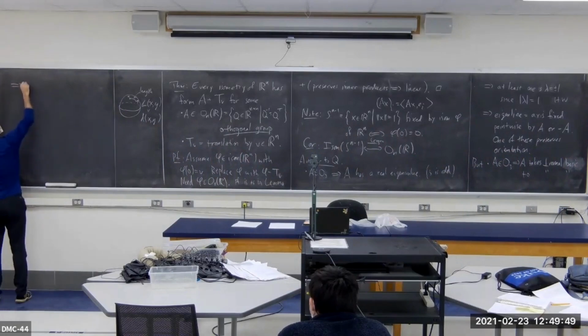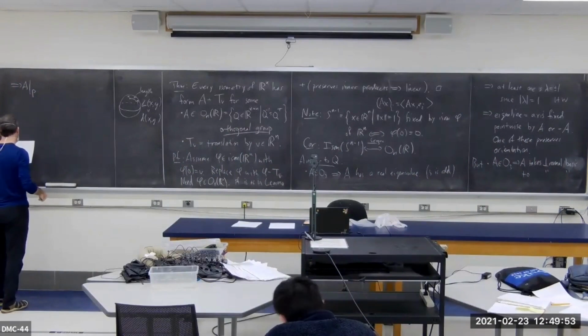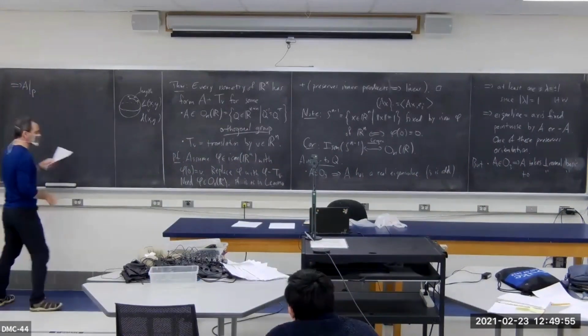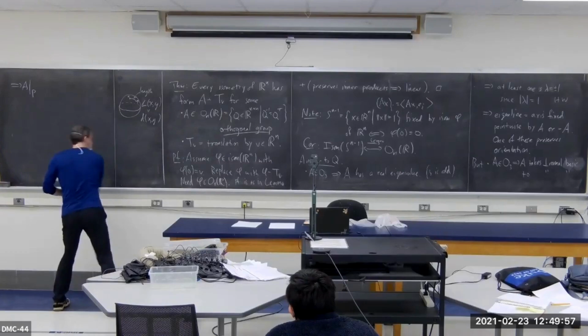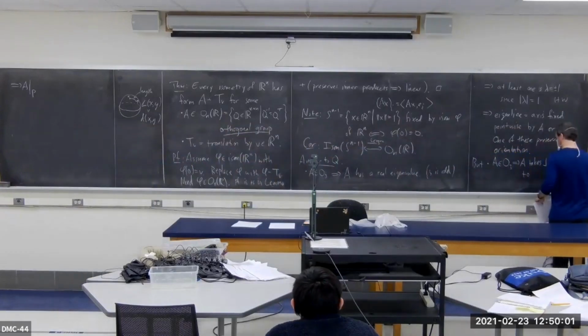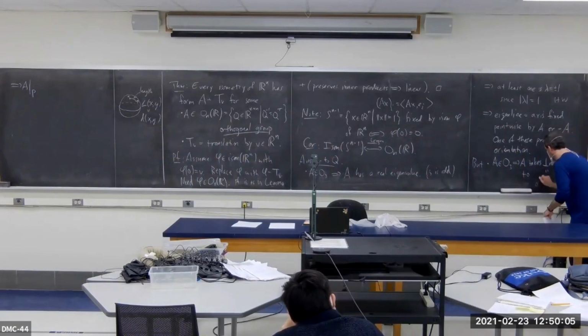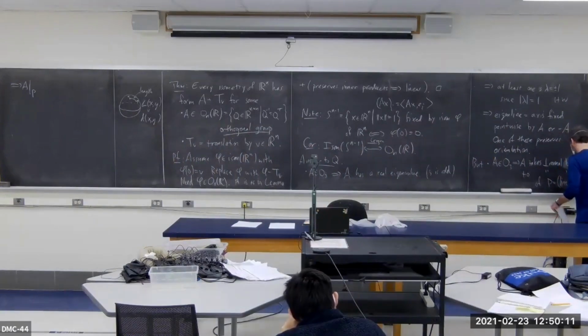This means that A restricted to P, which is going to be the line perp.